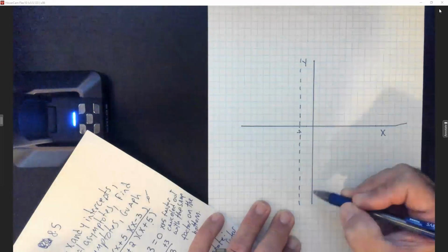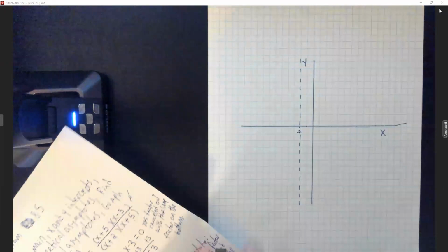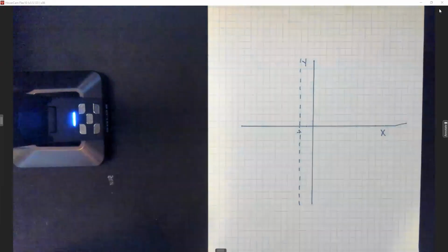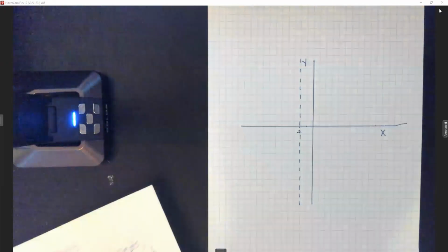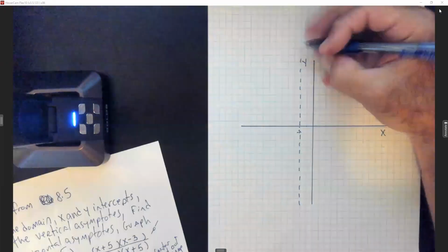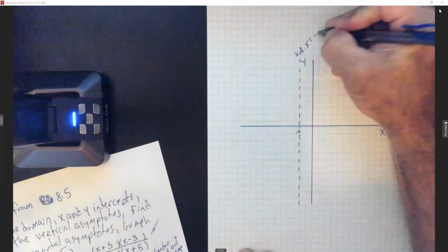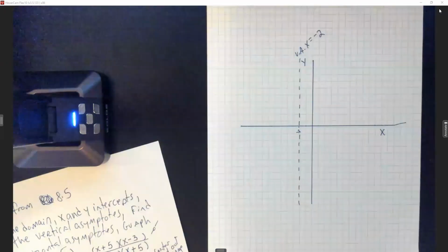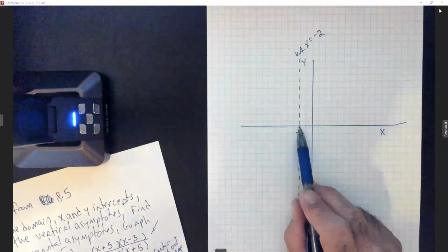So one end typically comes down and one end will typically go up, although some graphs, they both might go up or both might go down. So we got our vertical asymptote here, x equals -2. So then the domain doesn't really matter because we just know it's going to be undefined here.